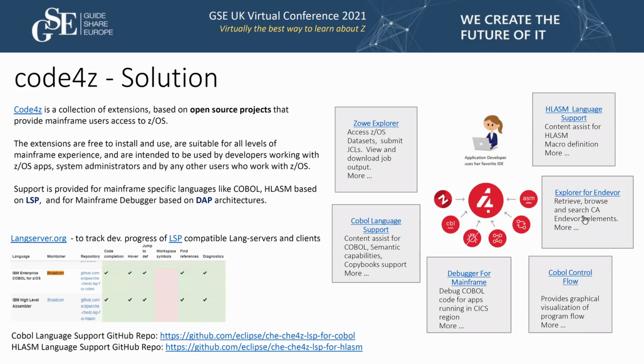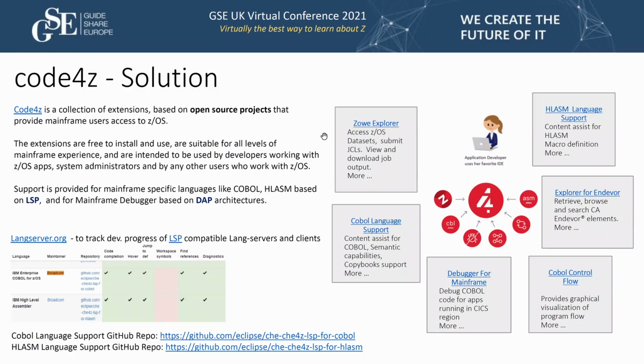For the mainframe, it is Endevor, and this is also provided as an extension in VS Code, so you can use it to connect to Endevor and fetch all your entities. There is another quite handy tool which is called COBOL Control Flow. This helps us visualize our COBOL code.